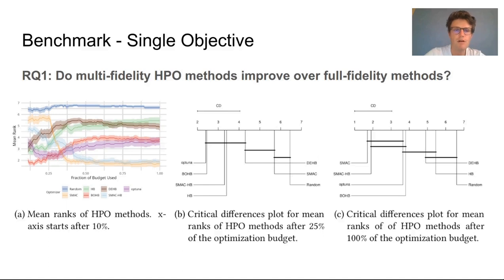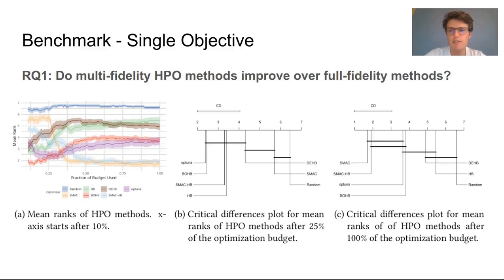The figure below shows the results of our experiment. After 25% of our optimization budget, Optuna, Bob, SMAC hyperband, and hyperband significantly improve over SMAC and random search. So it seems that at least for smaller budgets, multi-fidelity methods improve over full fidelity methods.